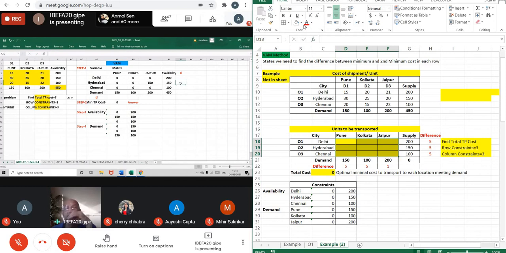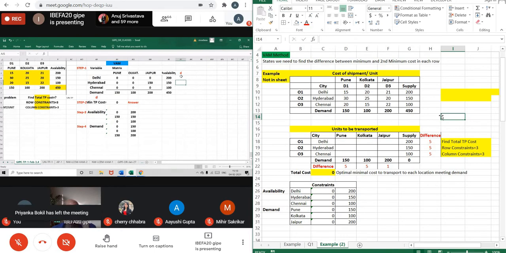Hyderabad doesn't need the difference now. Why? It is empty. Delhi, again we want the difference, that is 5. Chennai, the difference is 5. Pune, it is 5. Kolkata, it is 5.